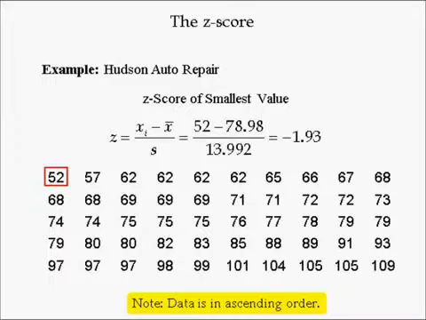The resulting z-score is negative 1.93. This value means observation $52, which is $26.98 below average, is 1.93 standard deviations below average. So 52 is not within 1 standard deviation from its mean, but it is within 2 standard deviations from its mean.